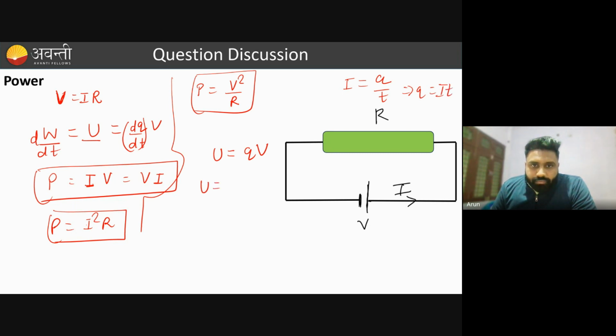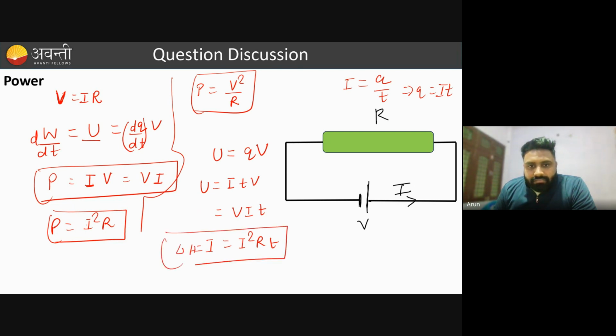So U equals I T into V, which becomes VI into T. Put the value of V as IR, so it will become I square R into T. This is the electrical energy, or you can say the heat loss in the conductor.